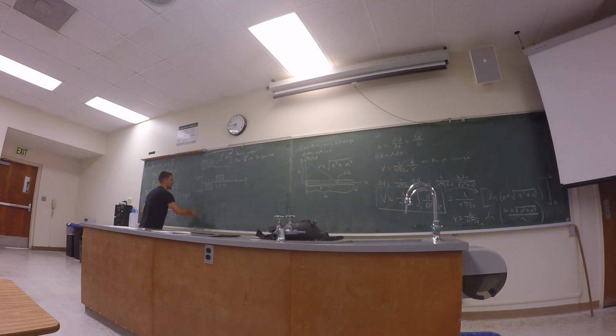In order to find out what this looks like, we take the area under that curve. So now we have some V, and that has units of volts, and we need to figure out what this looks like.